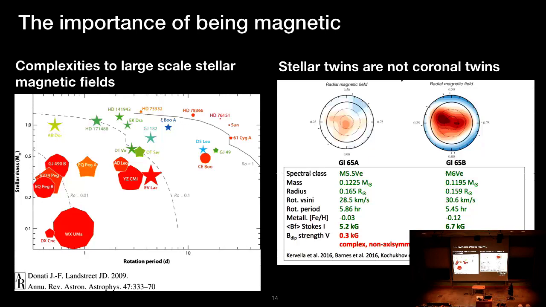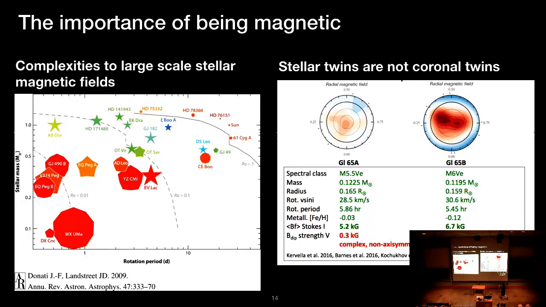So there's the importance of being magnetic. I have to apologize, I tried not to have a huge amount of jargony graphics, but this is one of those confusograms. It shows complexities of large-scale stellar magnetic fields. You've got stellar mass on the y-axis and rotation period on the x-axis. The size of the symbol tells you about the energy density, so larger symbols are stars with a higher energy density.